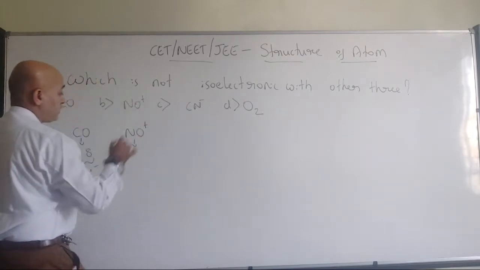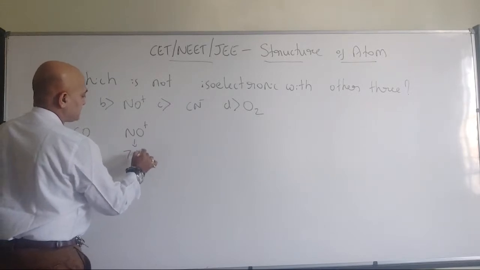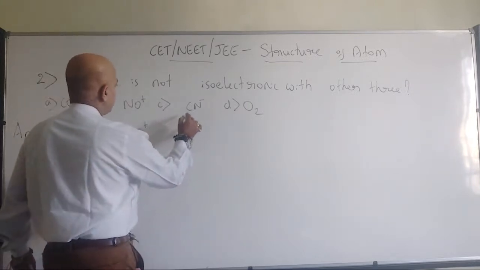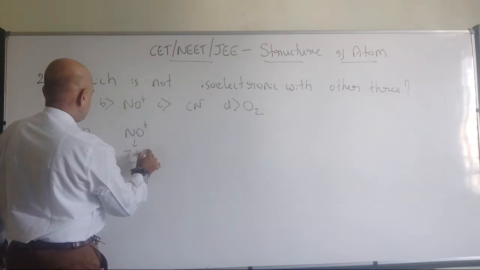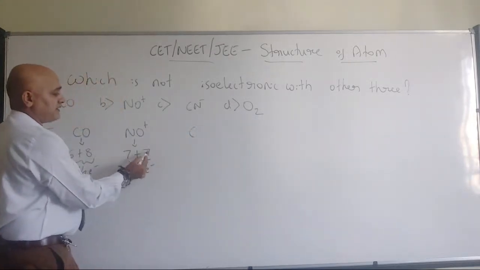That time I took atomic weight. So here it is 7 plus 7. Okay, 14 electrons. It should be O plus, right? So why I have taken 7 here?